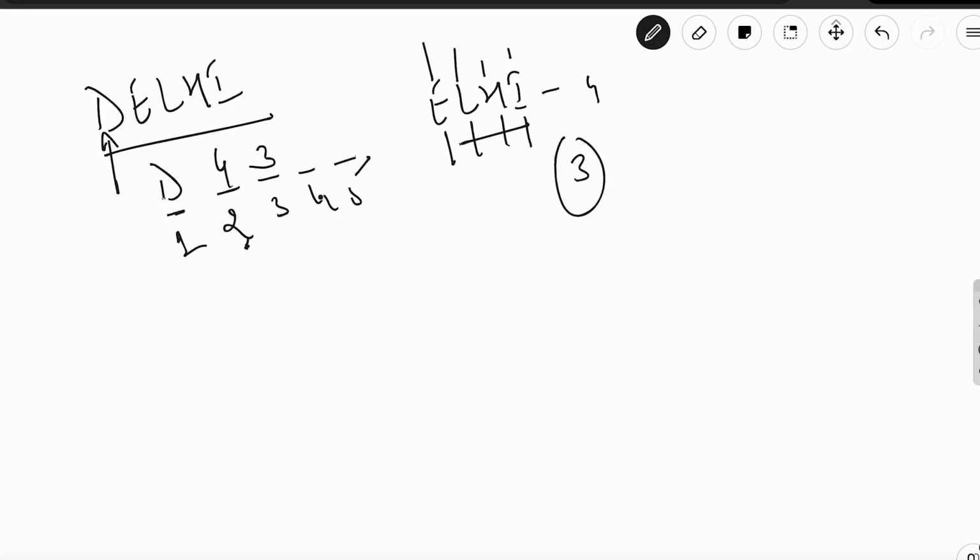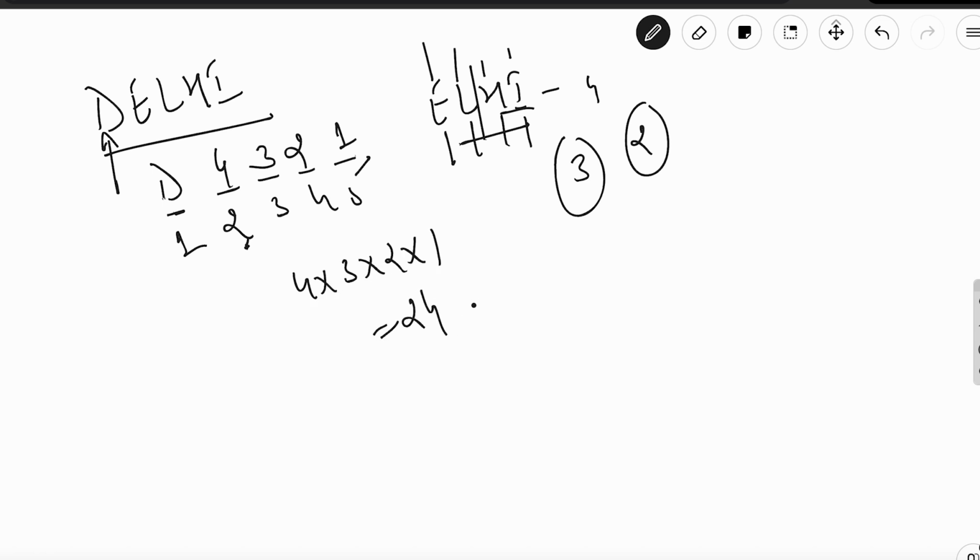So the third position can be selected in 3 ways. Now since 2 are selected, we are left with 2 options. So the 4th place can be filled in 2 ways, and the last 5th place can be filled in 1 way. So overall it's 4 into 3 into 2 into 1, which is 24. Twenty-four arrangements are possible.